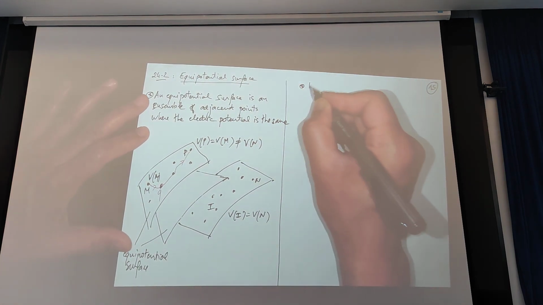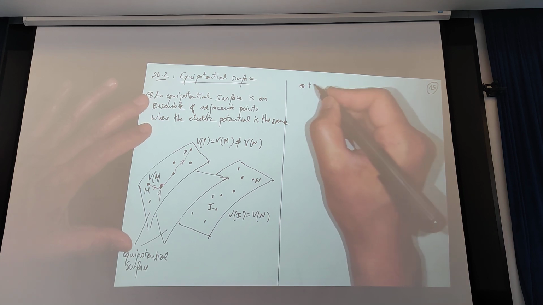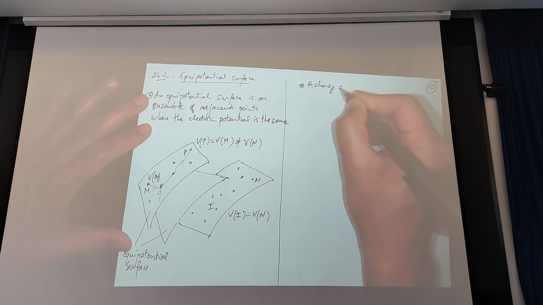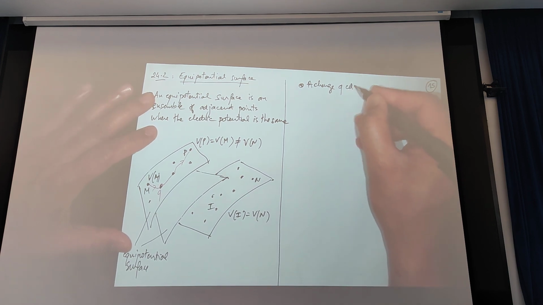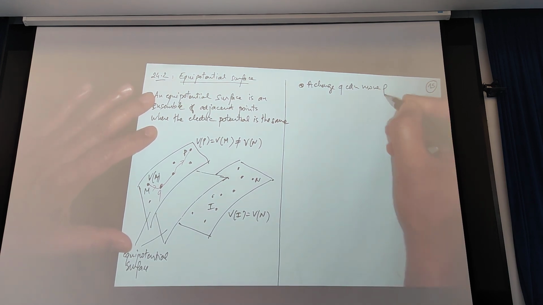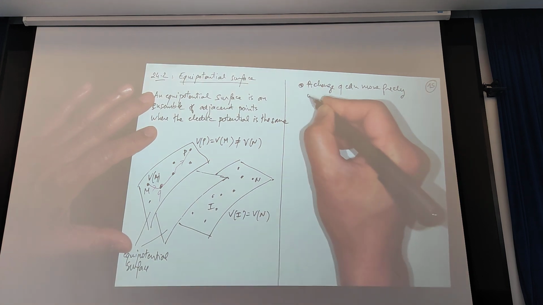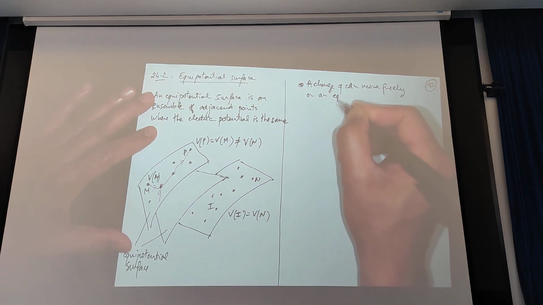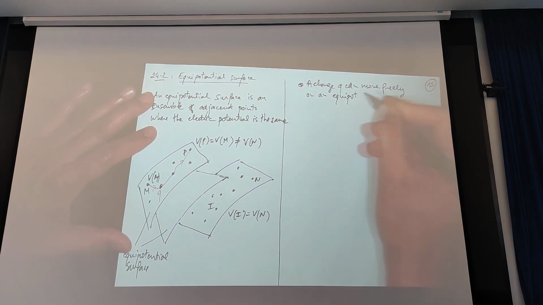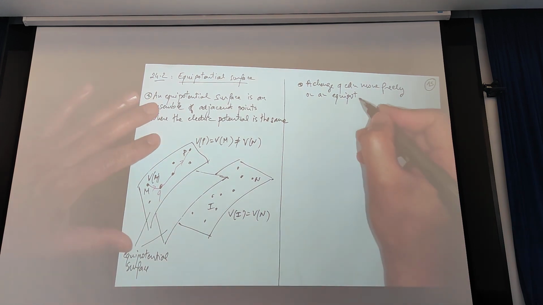In other words, a charge Q can move freely on an equipotential surface. This is another way to say it.